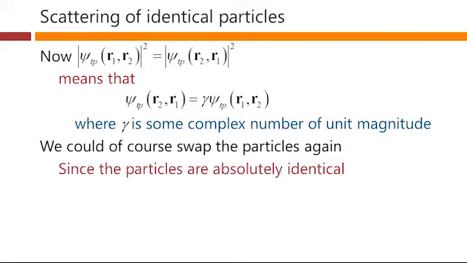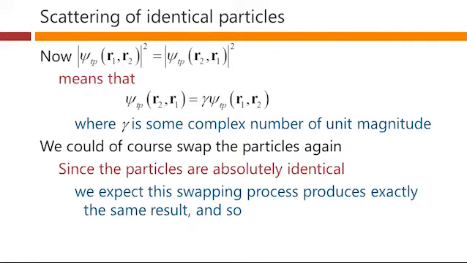Since the particles are absolutely identical, we expect this second swapping process produces exactly the same result. And so, again, we would now find that this two-particle wave function of R1 and R2 would be gamma times the two-particle wave function of R2 and R1. We're merely doing this swap again, and we presume it has to result in the same complex number here when we do that.